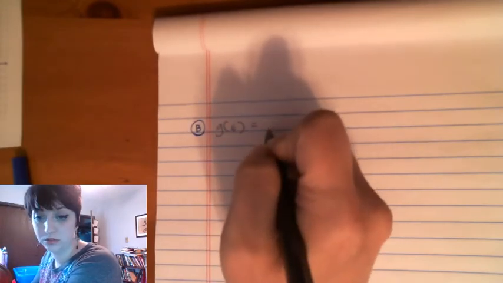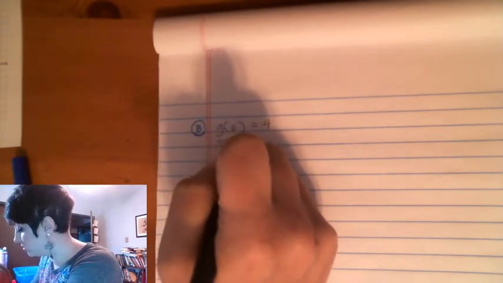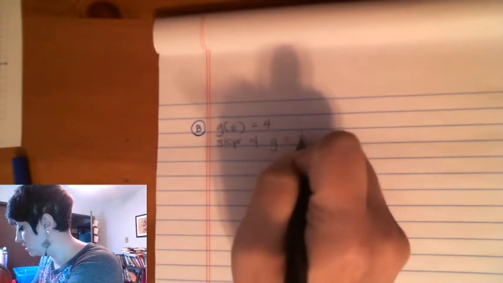All right. Let's try one more like that. So B. Let's do something other than F. Let's do G. So G of 6 equals 4, and the slope of G is 1/3.